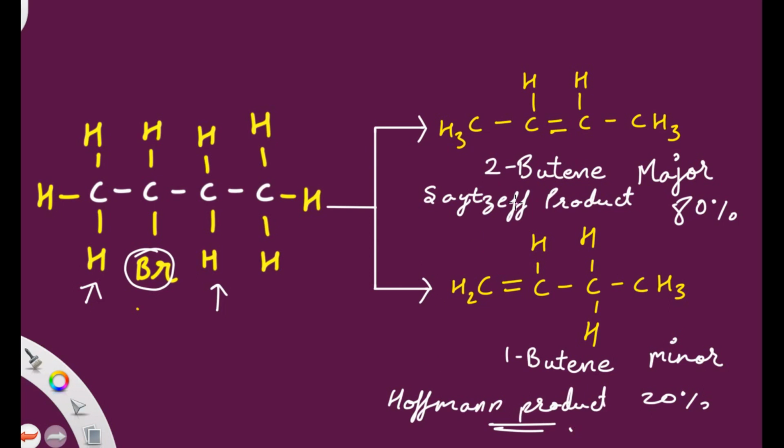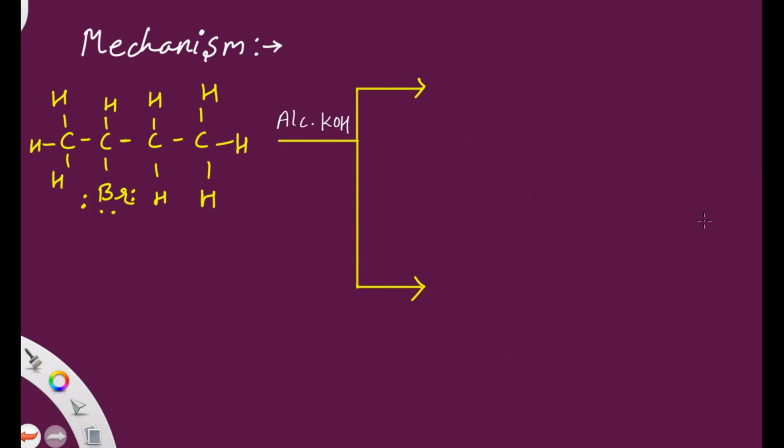Why this is major and why this is minor, we will talk about in the mechanism. Let's go for that. I hope you understood till now. Let's talk about the mechanism.